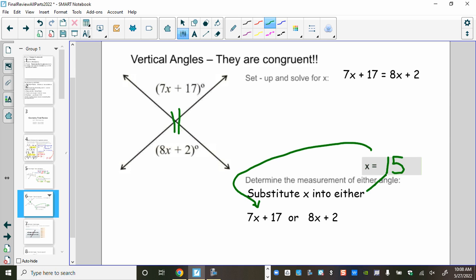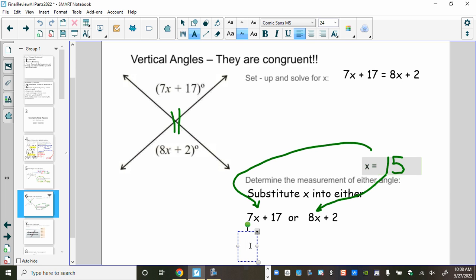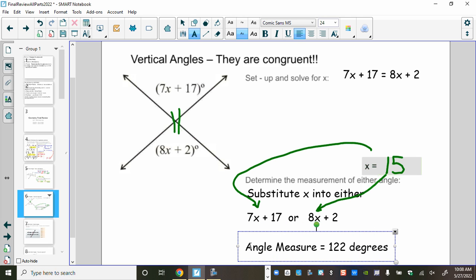You should get 122 in either case. Again, I'd say check both, but if you want to check one, you're good.